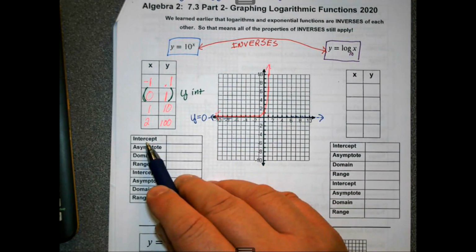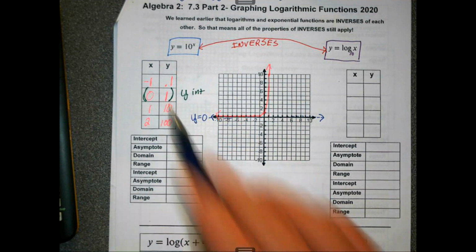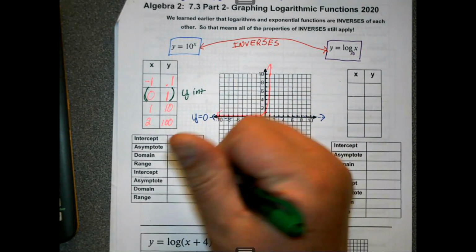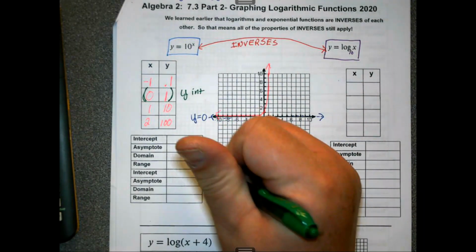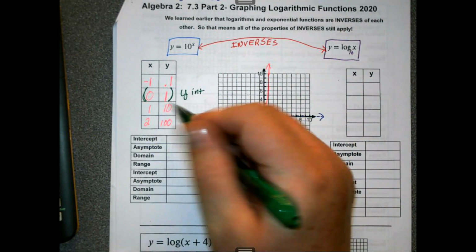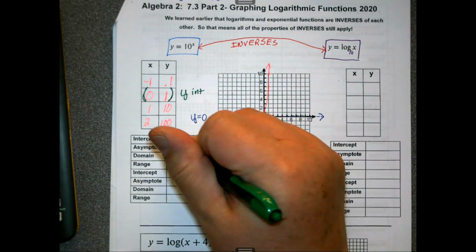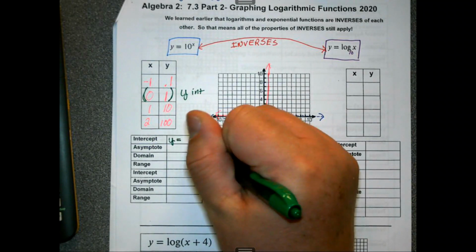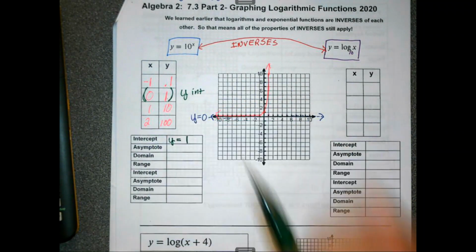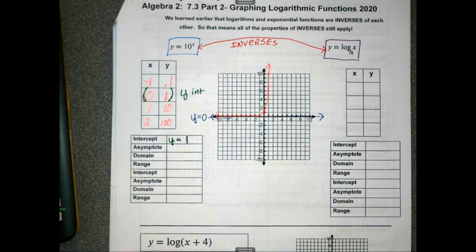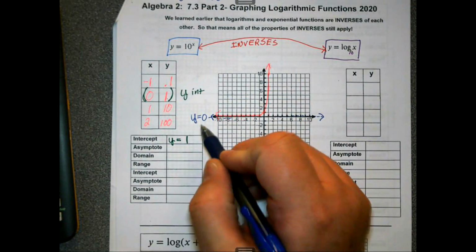So the intercept here, we talked about that, is now you could put the ordered pair, but I'd rather have you put what y equals, because that way we know it's a y-intercept very easily. Y equals 1, right? The asymptote we talked about is y equals 0.